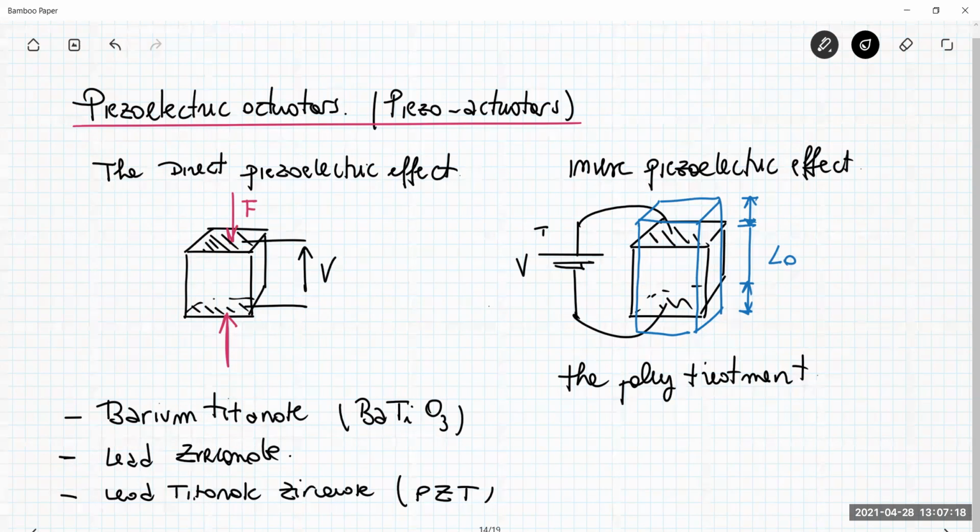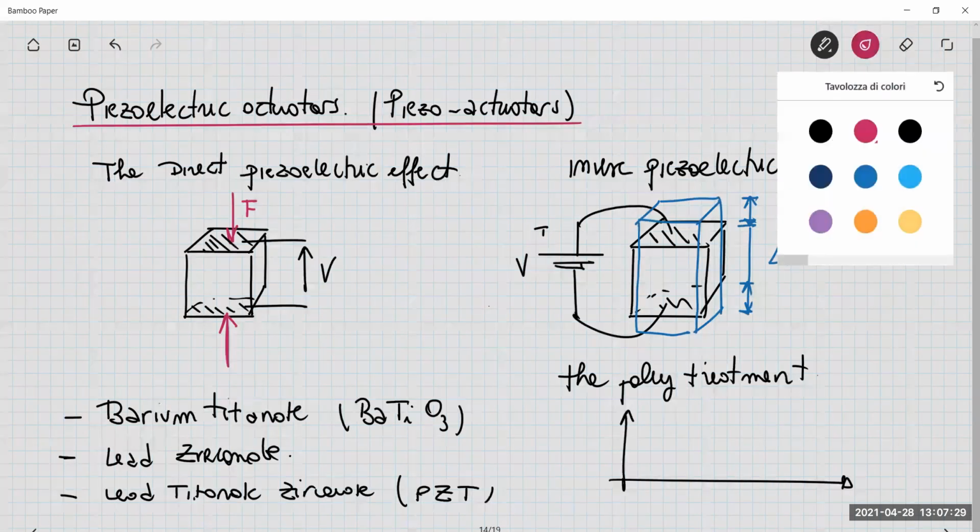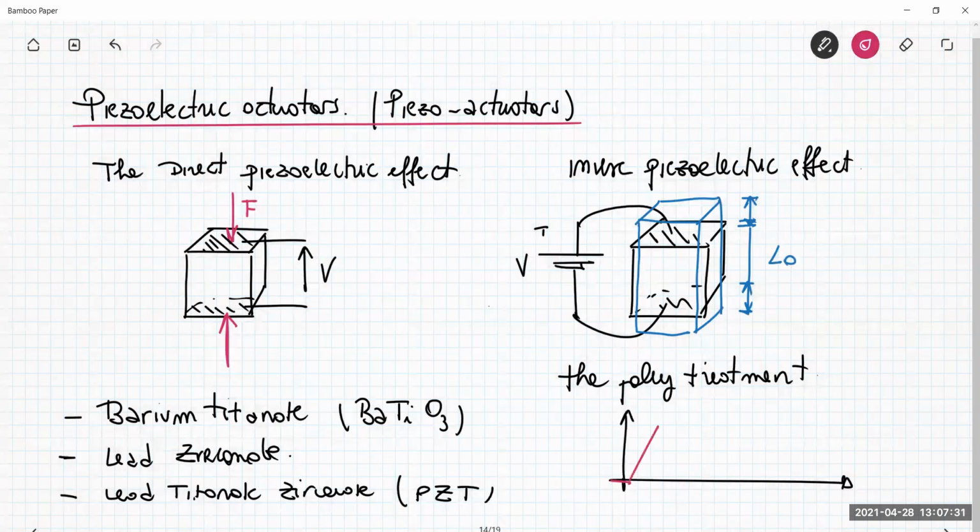Okay, then, for example, if you apply a specific high voltage, let's say that has this behavior. This is just an example. This is the voltage V that is applied for a certain time interval at a specific temperature below the Curie point. Then we can enhance this behavior, so we can have more effective piezo actuators, more effective piezo materials.